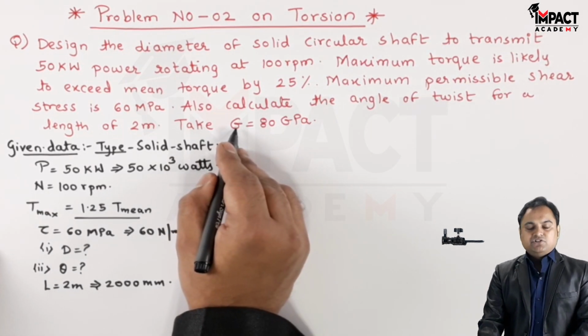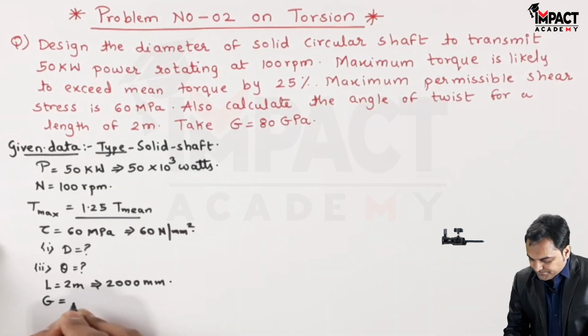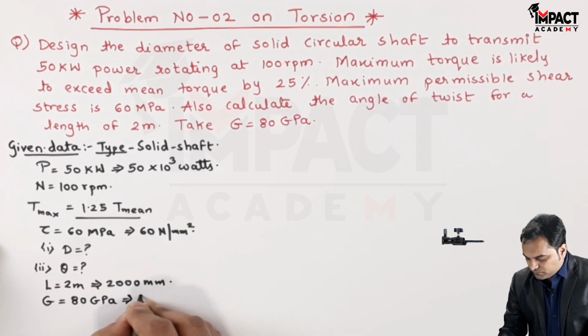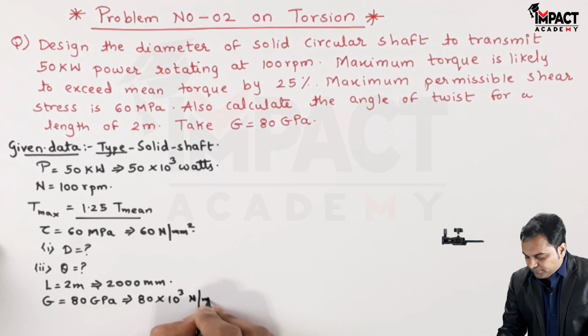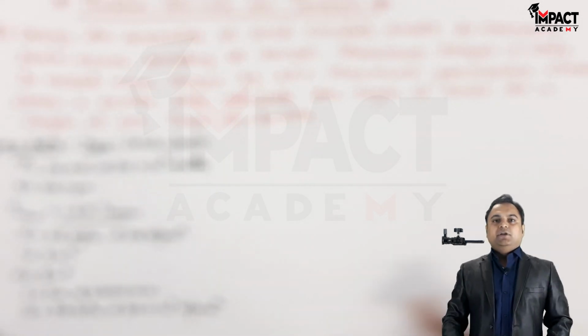Next, take G, which is the modulus of rigidity, 80 GPa. So it is 80 into 10 raised to 3 Newton per mm square, because 1 GPa is 10 raised to 3, that is 1000 Newton per mm square.